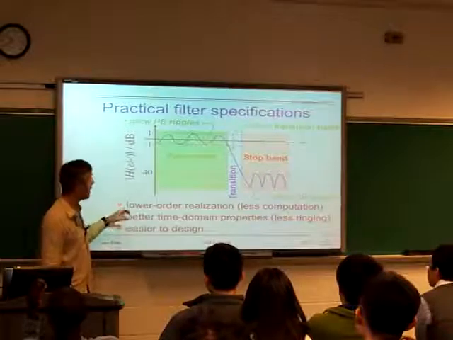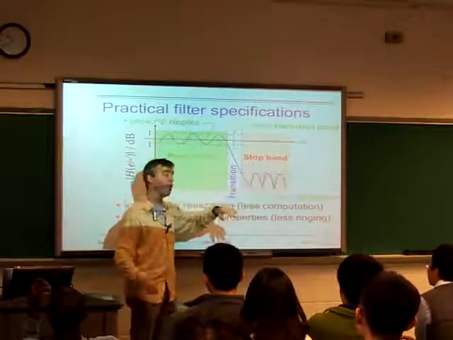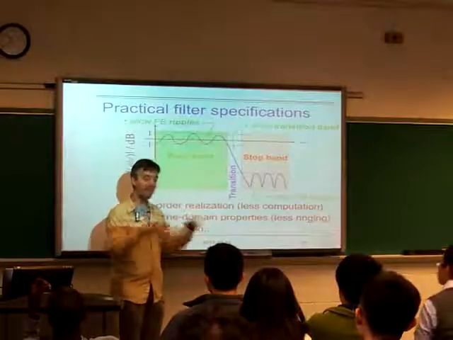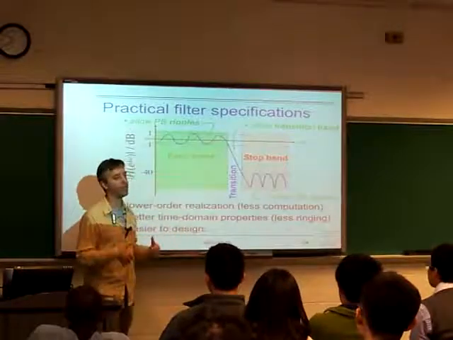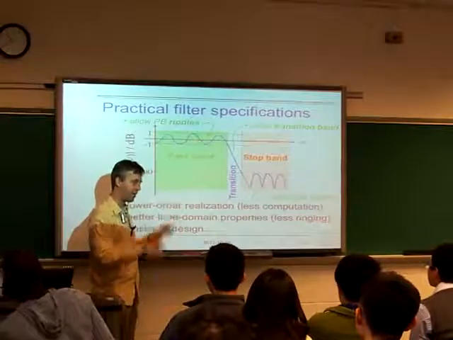Also, by allowing the frequency domain to be a little bit soft in its behavior, we reduce the pressure on the time domain to spread out. And so we can get better time domain properties, a sensible compromise between time domain spreading and frequency domain sharpness.